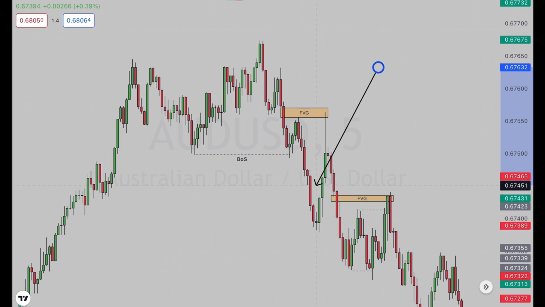We see a displacement with a liquidity grab of taking out equal lows, then price runs back up for a fair value gap.